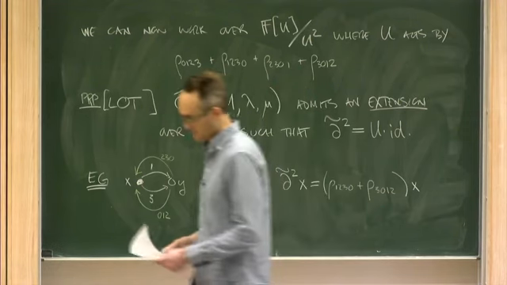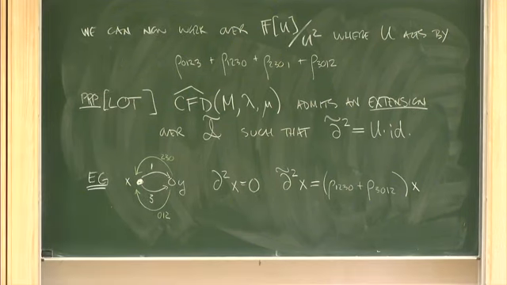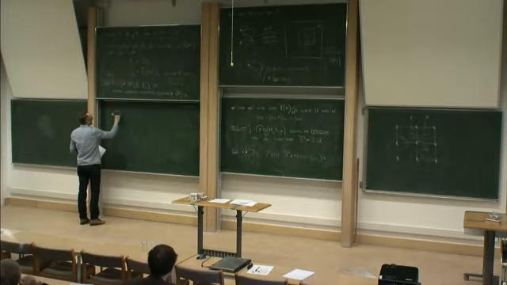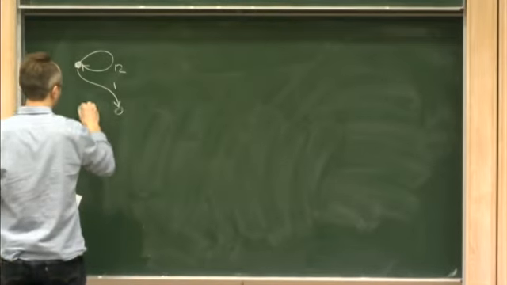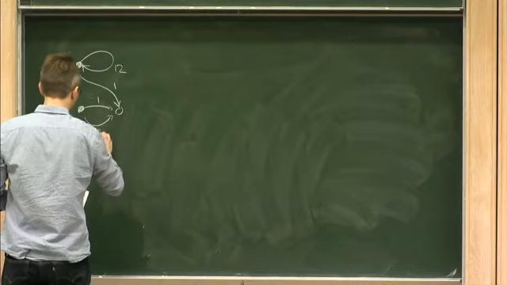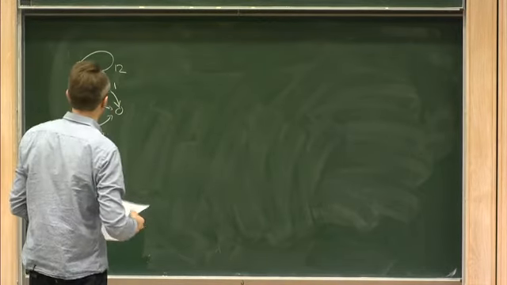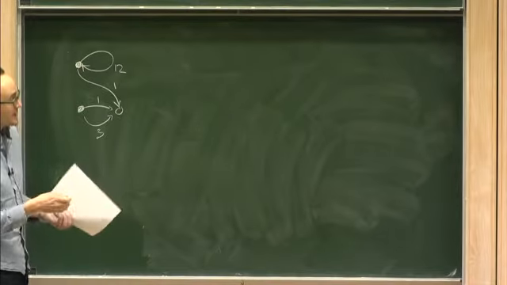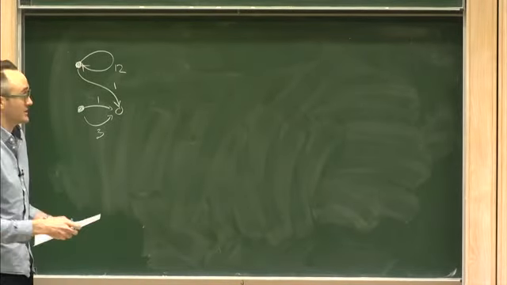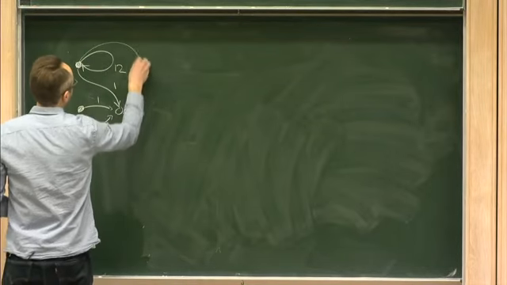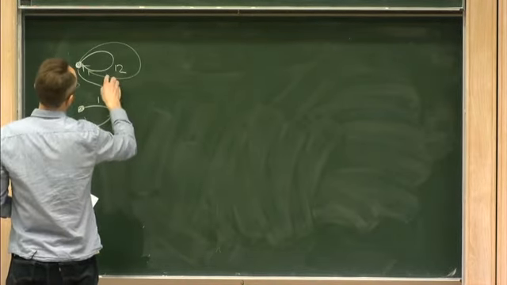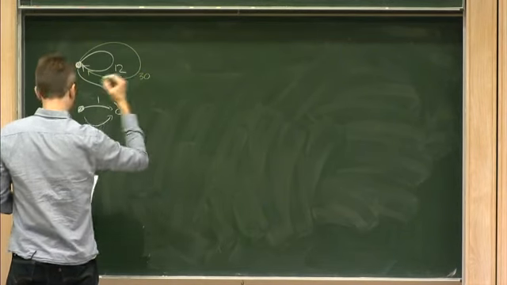Okay, let's go back to this picture then. This picture here, with this information, there's my 1, 2, 1, and 3. And now let me try to put back in the green arrows that express this as an extension. So there's 1, 2, 3, 0.